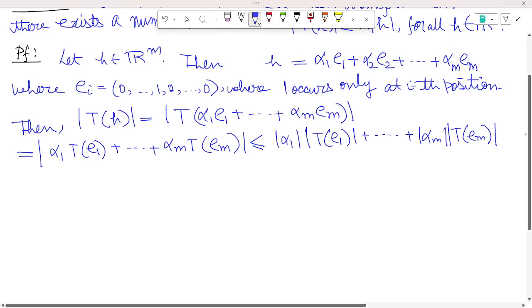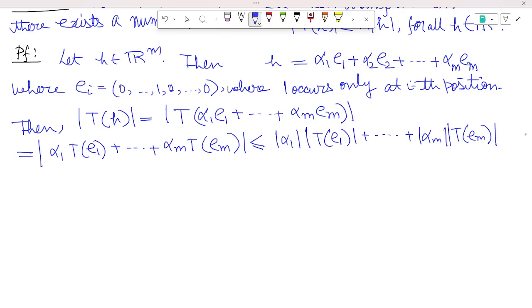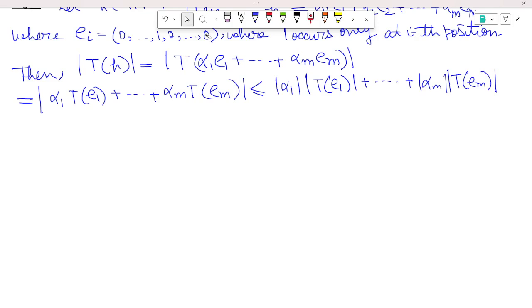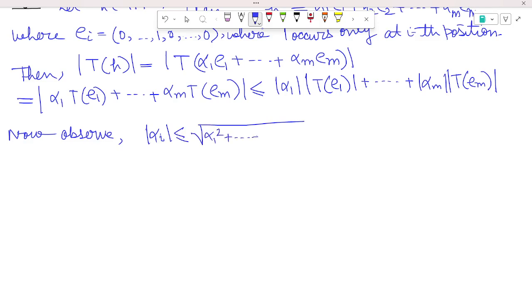Now what I will do, I will do one thing here. Now observe one thing. Take any alpha i. The norm of h is the square root of alpha 1 square plus dot dot dot plus alpha i square plus dot dot dot plus alpha n square.